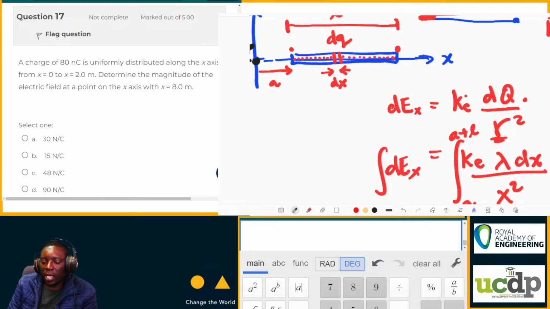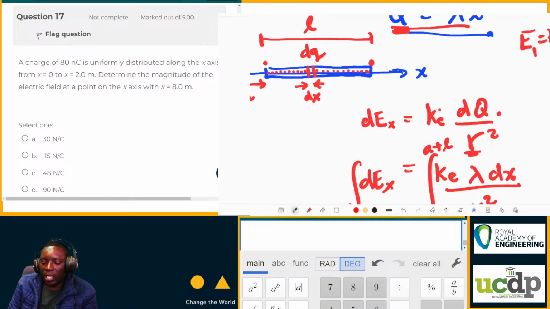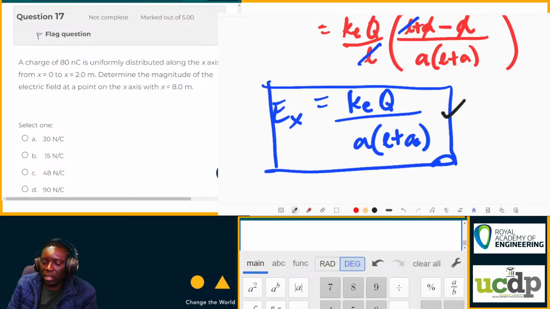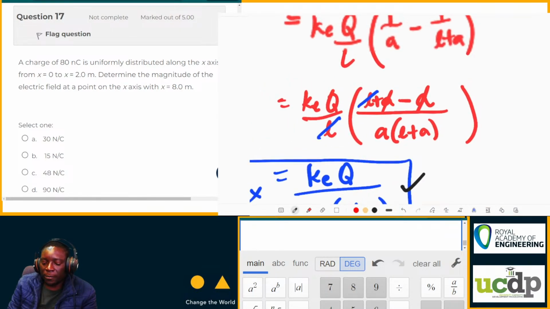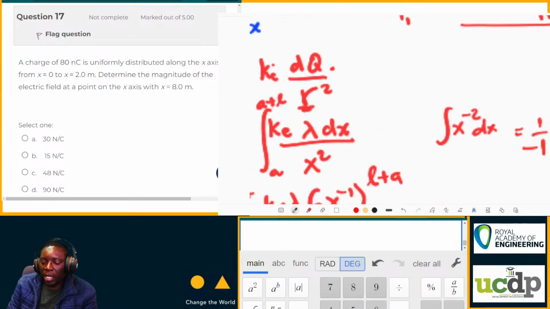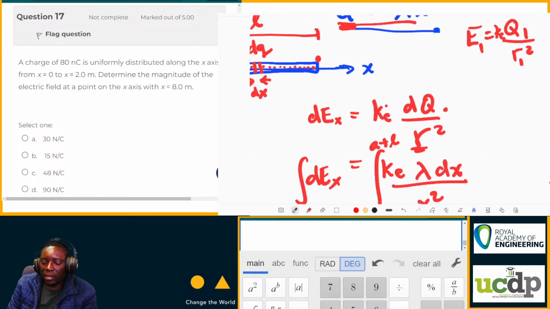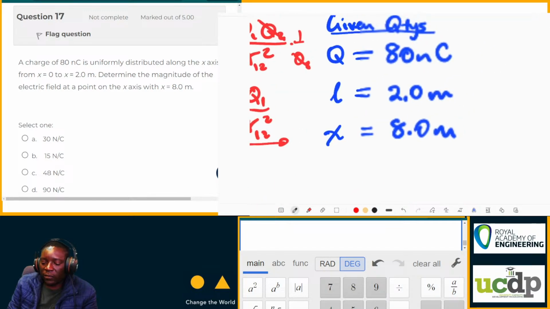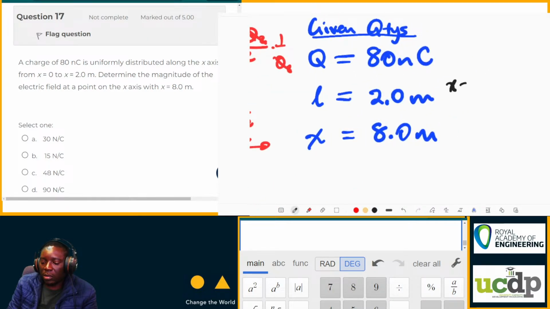So what will be A, in your thinking, what will be the corresponding A for us to apply this equation to the question? What will be A if the rod is starting from x equals 0 to x equals 2, and the point of measurement x is at 8 meters? What is A?